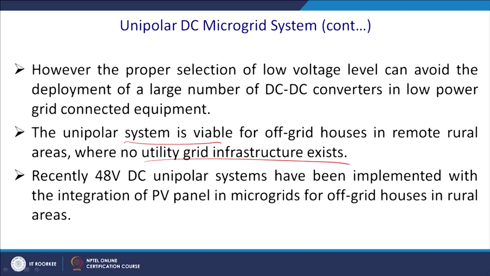And recently a 48 volt unipolar DC system has been implemented with the integration of PV panels in the microgrid of off-grid houses in a rural area. As I said in our initial lectures, the first microgrid was mostly DC and it was implemented in Sagar Island in West Bengal, where the Ganga Sagar pilgrimage takes place.